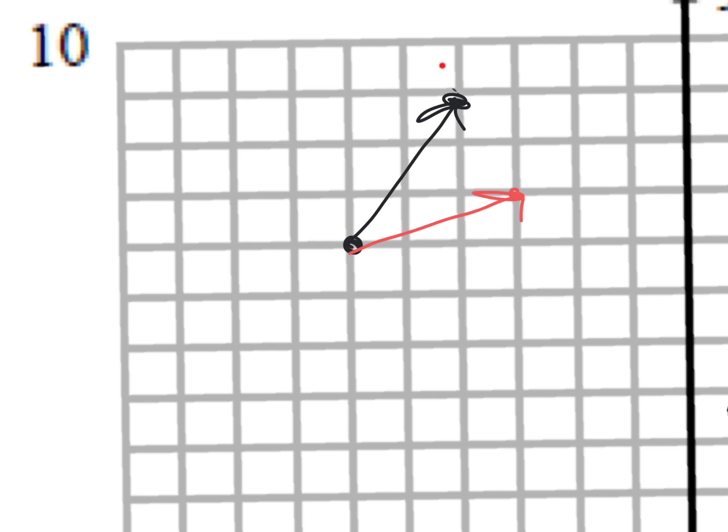So again, the black is u, and the red is v. We don't want to graph v, we want to graph the opposite of v, which would be going the same distance but in the exact opposite direction. So instead of 3, 1, we have negative 3, negative 1, which would put us there.